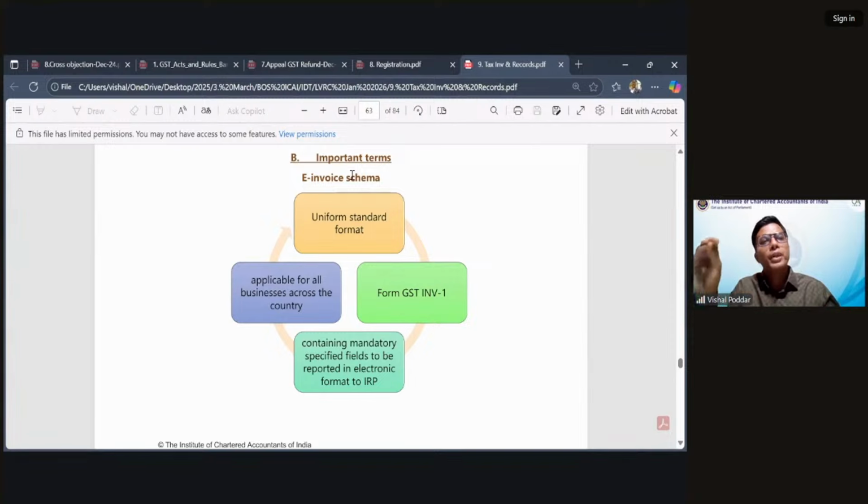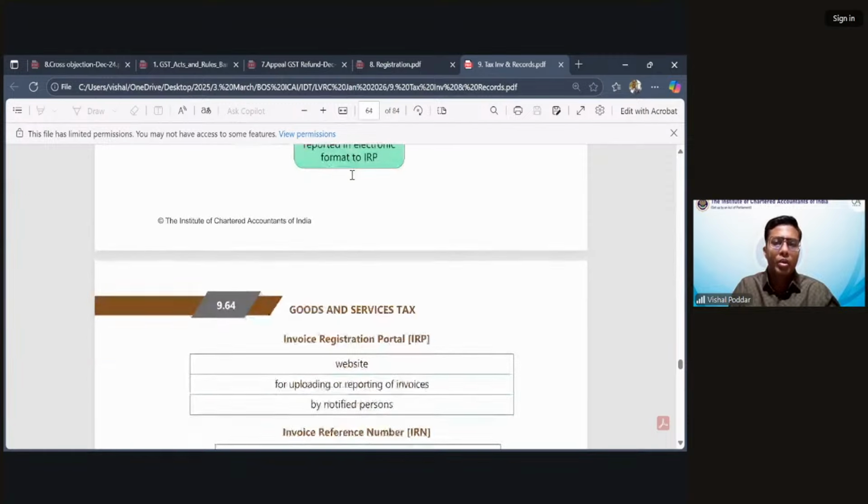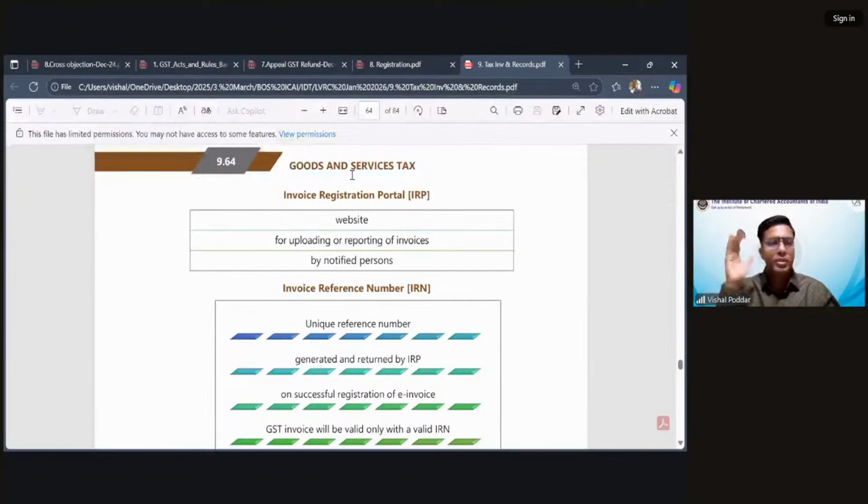Whenever you are filling the details of an invoice in the e-invoice portal, they have given a particular format of theirs, so you have to fill it in that format, but it is not necessary that your invoice should be prepared in that format. It is only the format for the portal's reference and all its records.